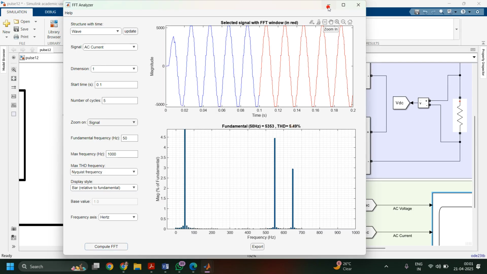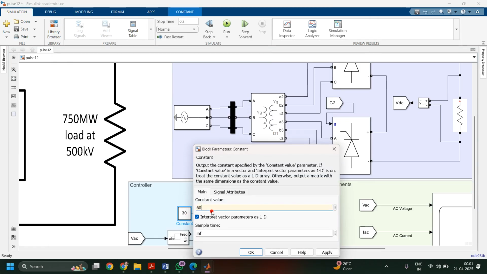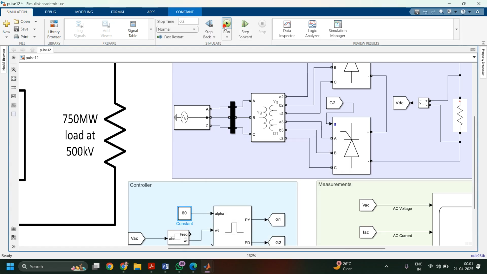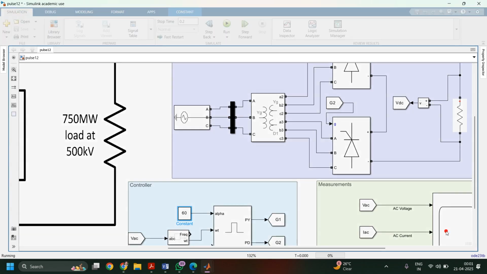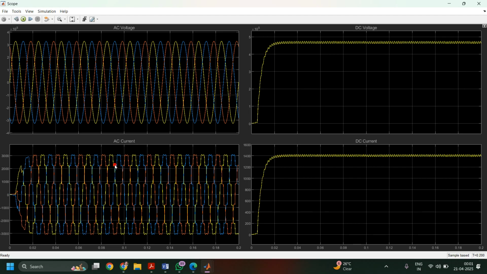Now, let us check with the 60 degree. Firing angle is equal to 60 degree. Run it. Now see, there is lots of distortion in the waveform.